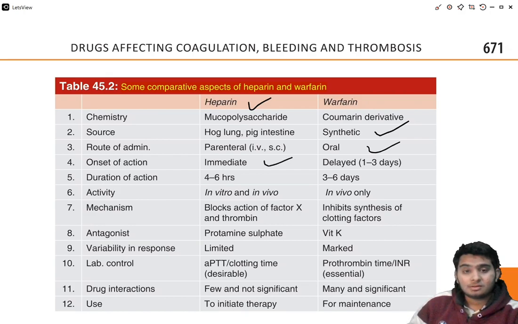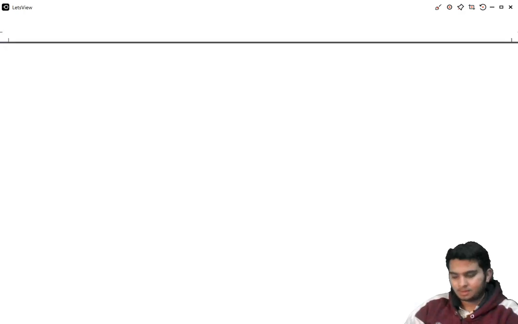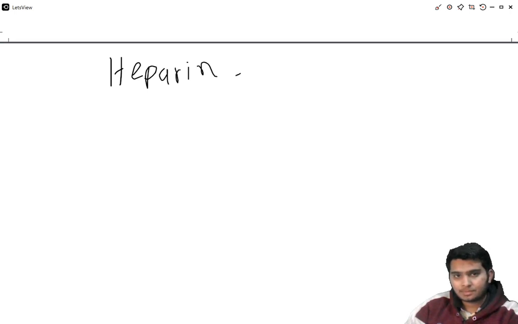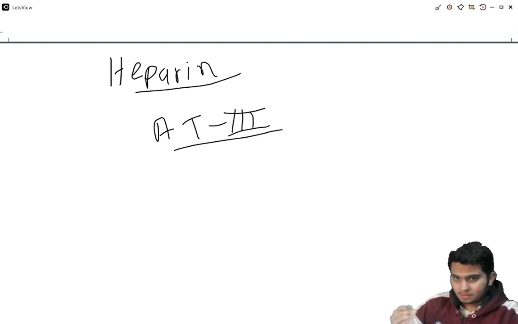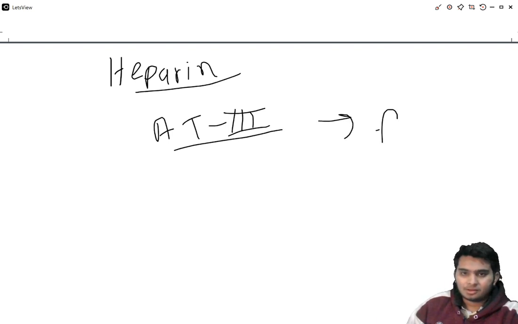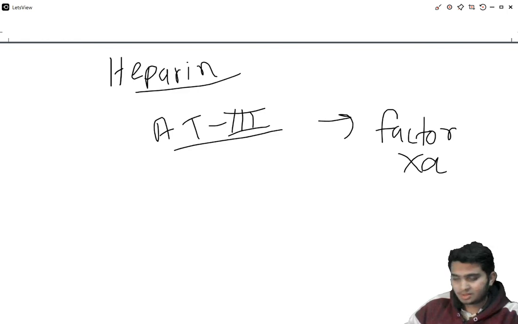Onset of action. Heparin's onset of action is immediate, due to its mechanism of action. Heparin basically activates antithrombin III, which will further inhibit factor 10A, and in higher doses also inhibits factor 2.